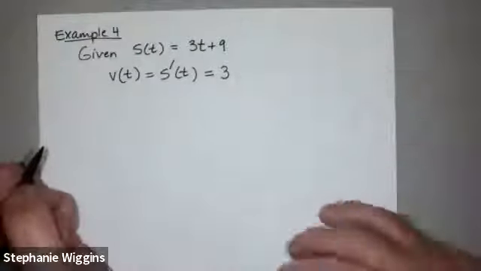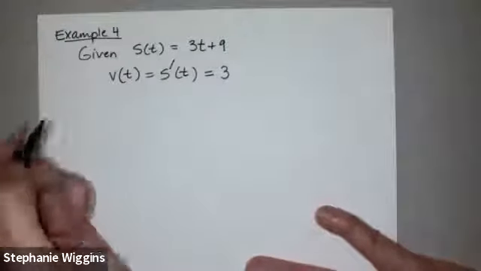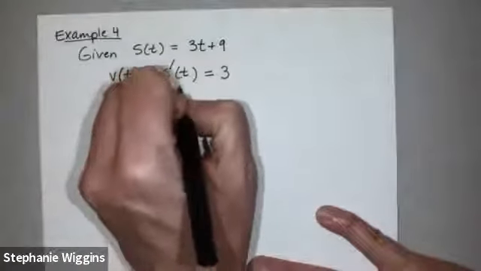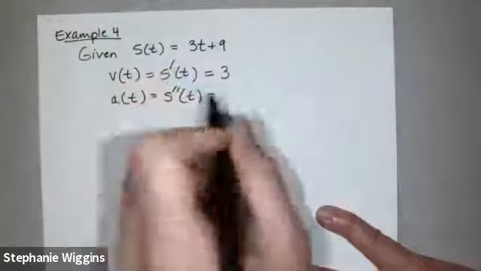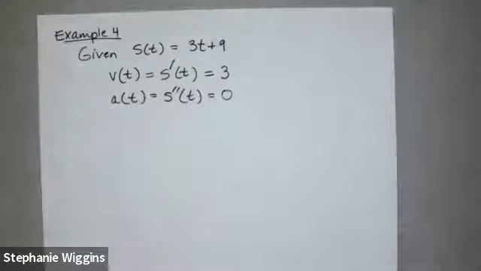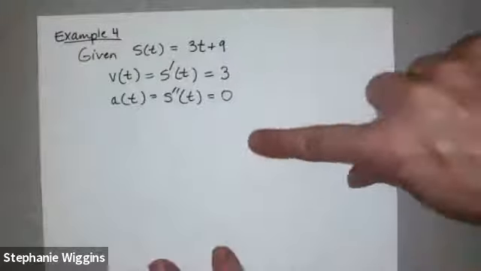Now, if you want to find the acceleration of the particle, you take the second derivative, and the derivative of a constant is 0. Then the problem asks you to interpret what your results are showing.